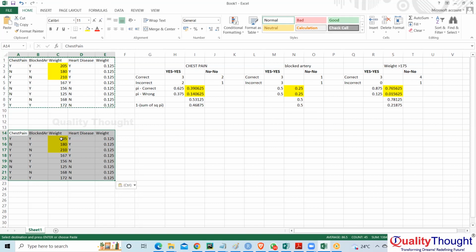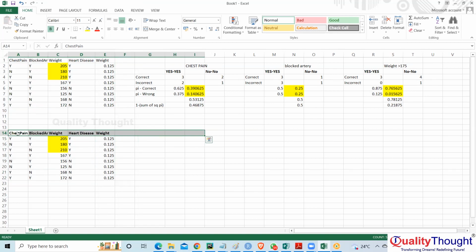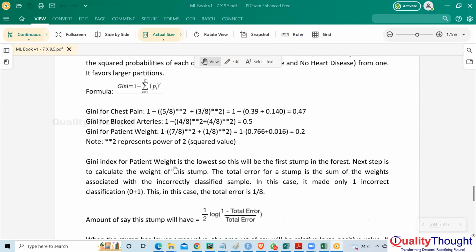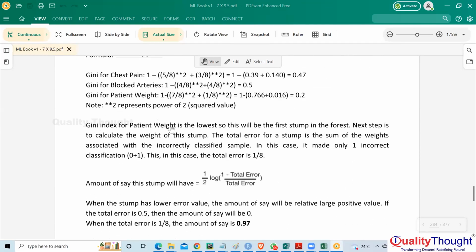And then we have to add the weight of the stump. Let's see the formula here. I'm going to build this table. So the Gini index for patient weight is the lowest, so it will be the first stump in the forest.